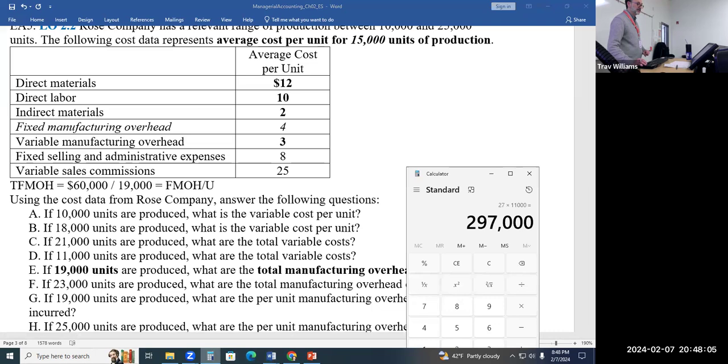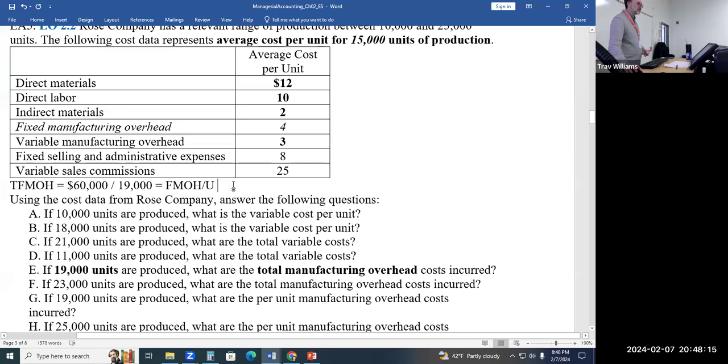So if we do that, $60,000 total fixed costs divided by 19,000 units comes out to $3.16. Okay, so we now know our fixed cost per unit at 19,000 units of production. The question was, what is our total manufacturing overhead per unit?